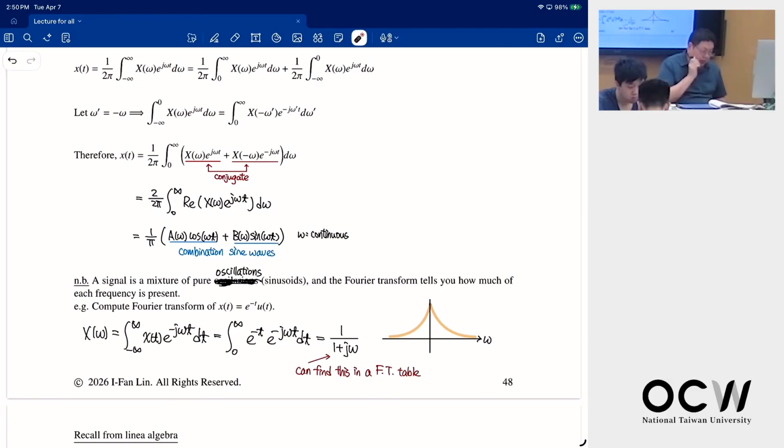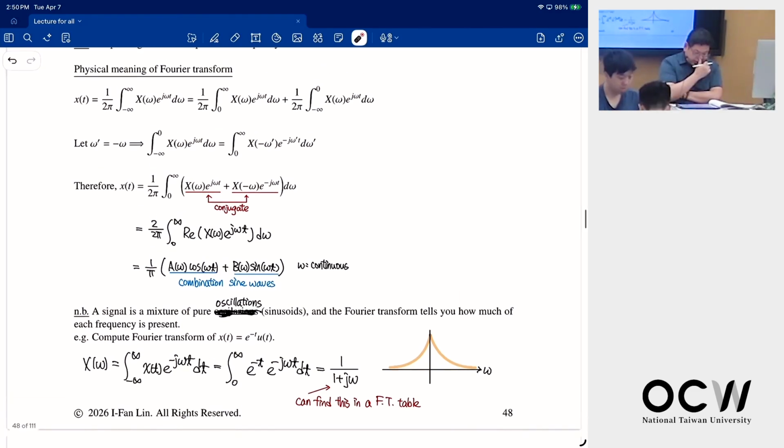So a signal in the time domain, we can see what's happening over time. But in the frequency domain, we can see what frequencies are inside.